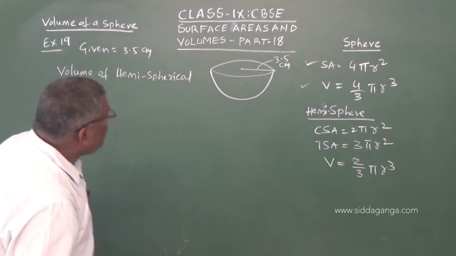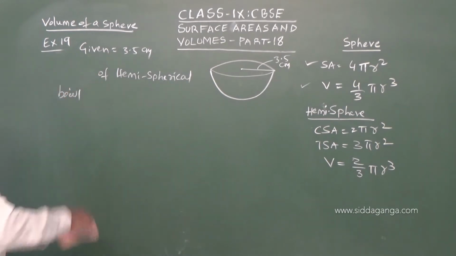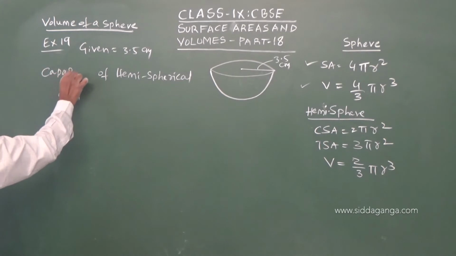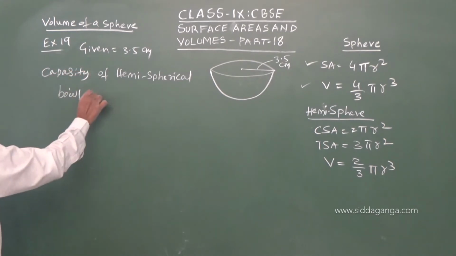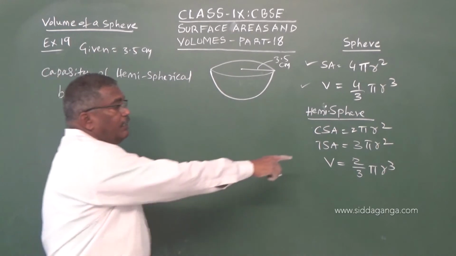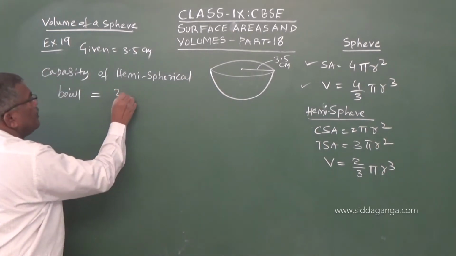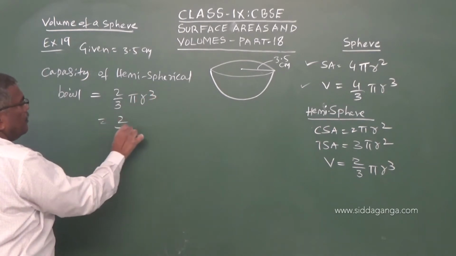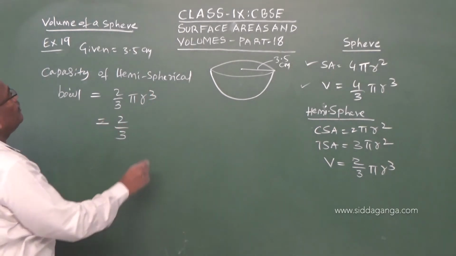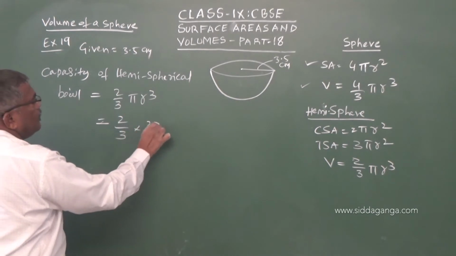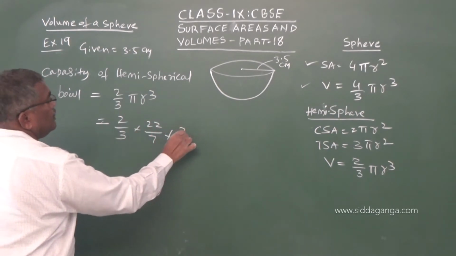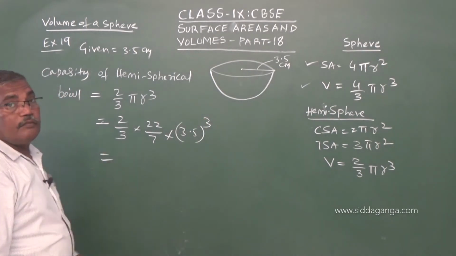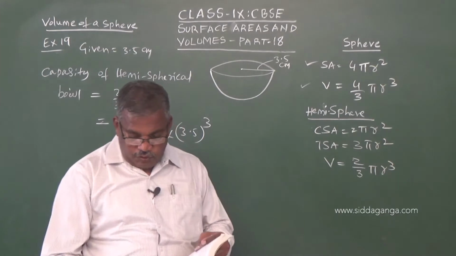Better you say capacity instead of volume. Capacity of the bowl is equal to 2 by 3 pi r cube, which is 2 by 3 into 22 by 7 into 3.5 whole cube.